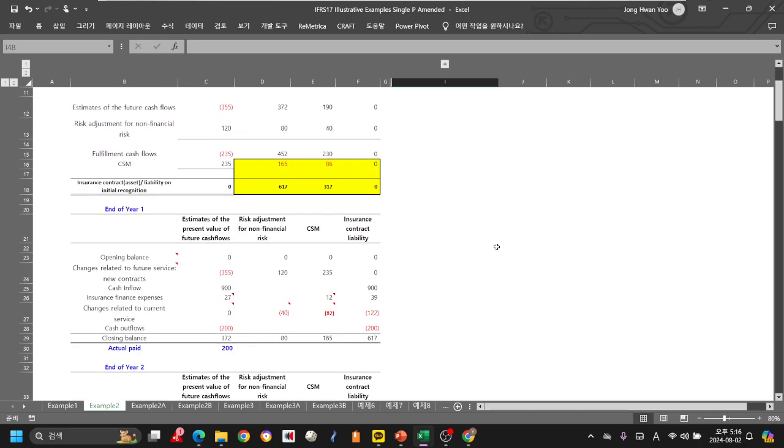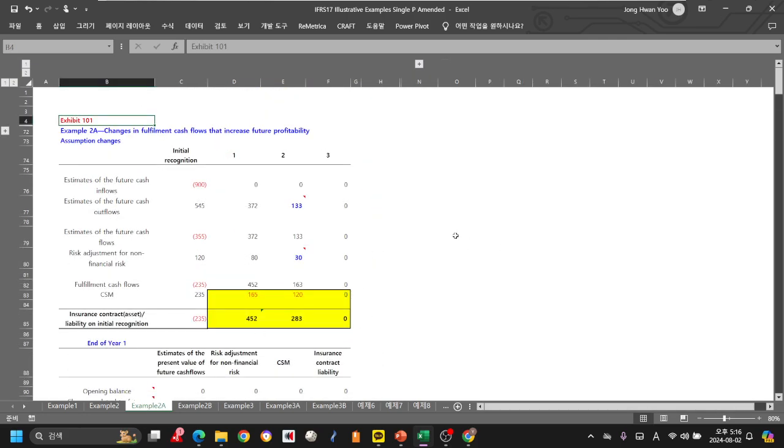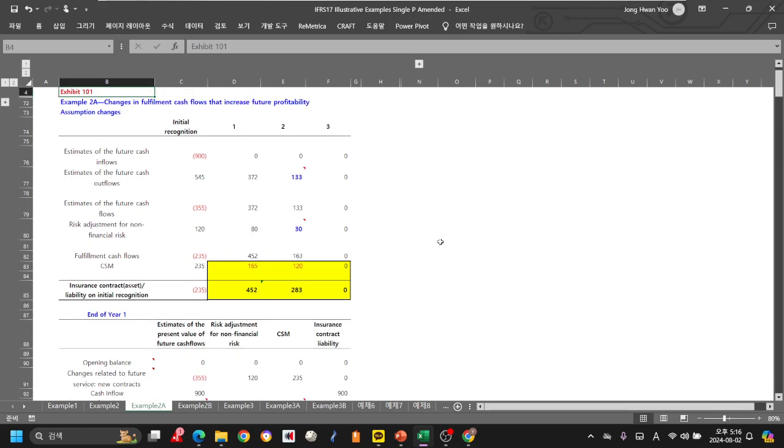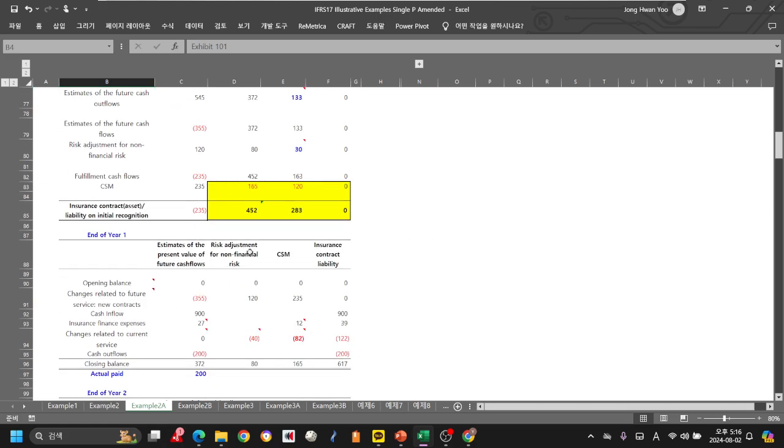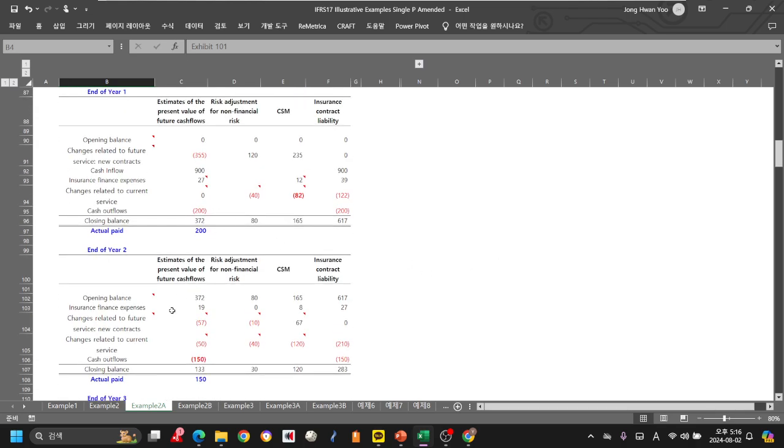And let's assume that on the second year, let's say there is a case where the claims paid amount has reduced, because year one is the same, as you recall. But in the second year, we estimate, let's say, 200 as a cash outflow, and actually we paid out 150.